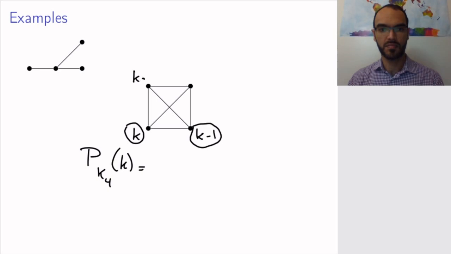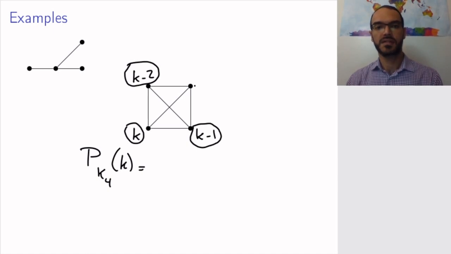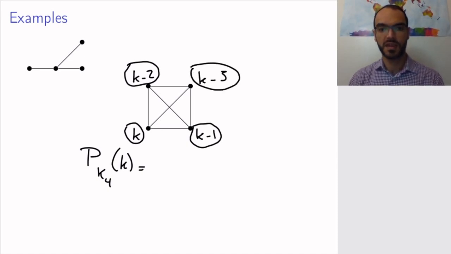So I have k-2 options. And this one is adjacent to 3 vertices. And I know that these 3 vertices have to be colored by 3 different colors because they are all adjacent to each other. So I'm sure that exactly 3 colors are forbidden, and I have k-3 options here. So this is k times (k-1) times (k-2) times (k-3).